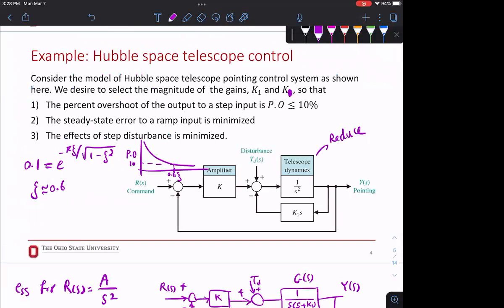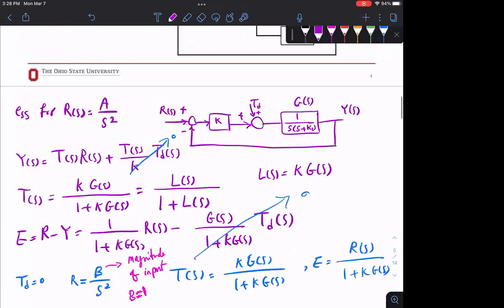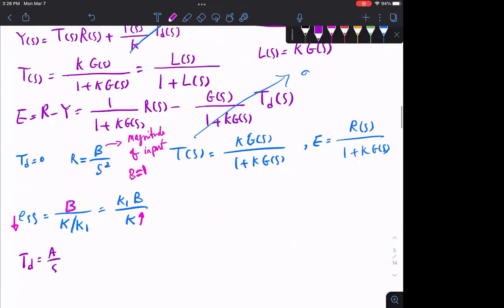When it says the effect of a step disturbance is minimized, what is the disturbance here? A over S, 1 over S, right, is a step input, is a step, correct? And do you remember for disturbance rejection, what would we do?